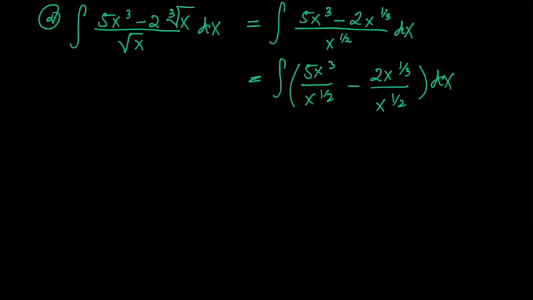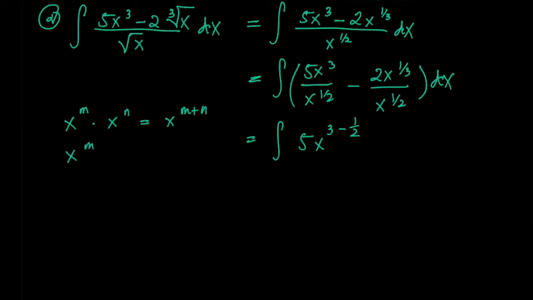So to divide this, it becomes 5x raised to 3 minus 1/2. Because when we multiply x raised to m times x raised to n, all we need to do is add the exponents, or x raised to m plus n.